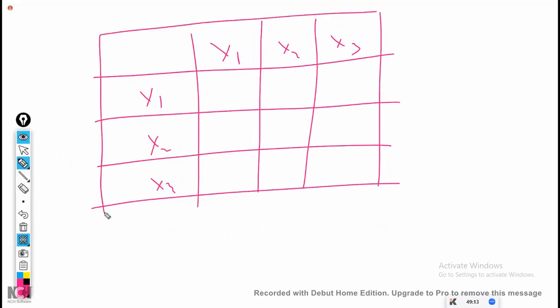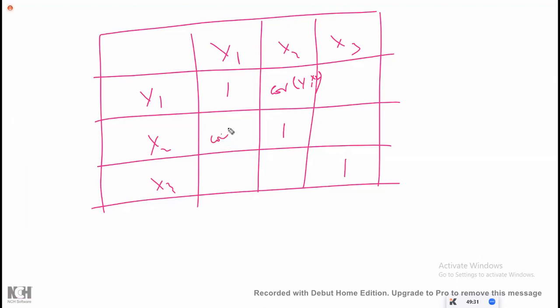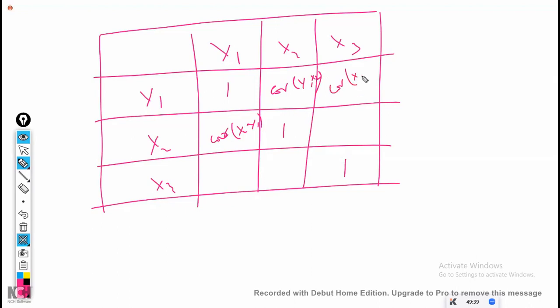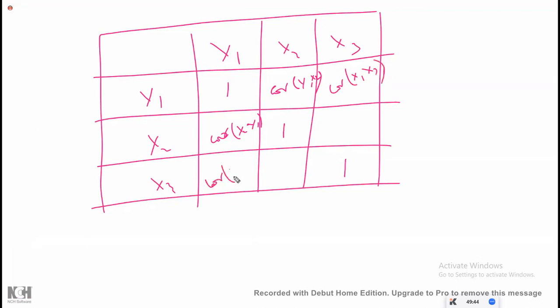The first one is the correlation of x1 versus x1, which is equal to 1. Correlation between x2 versus x2 is 1. Correlation between x3 and x3 is 1. This is the correlation of x1, x2, which is the same as the correlation of x2, x1. This one and this one are the same. Similarly, this is the correlation of x1, x3 and this is the correlation of x3, x1.